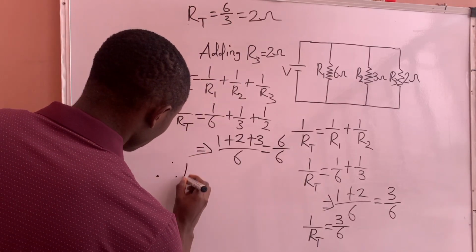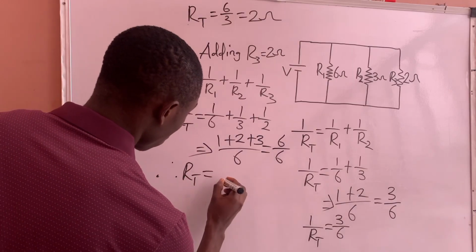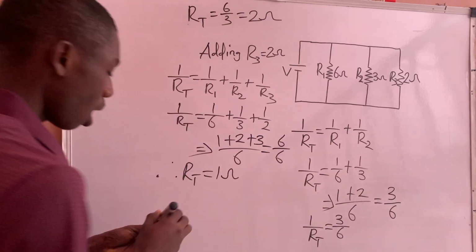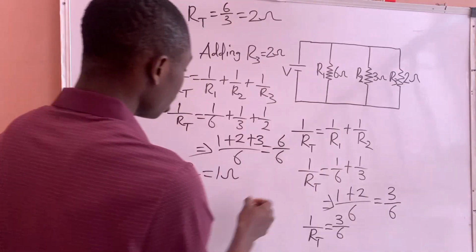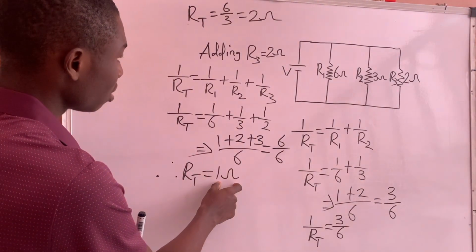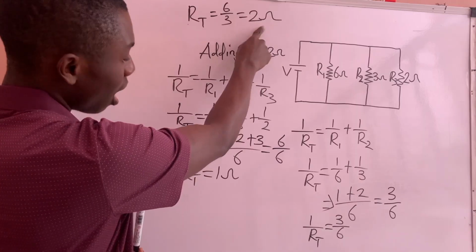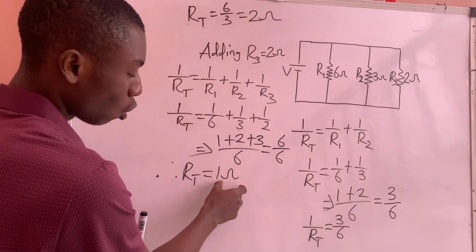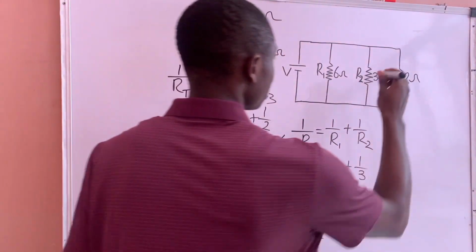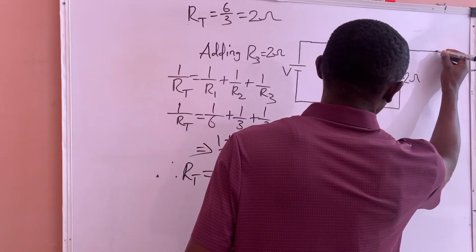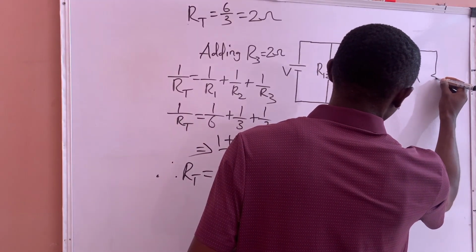Therefore, the total resistance will now equal 1 ohm. Are you seeing how when we add the third resistor, the total resistance has decreased? Before it was 2 ohms, and now it is 1 ohm.